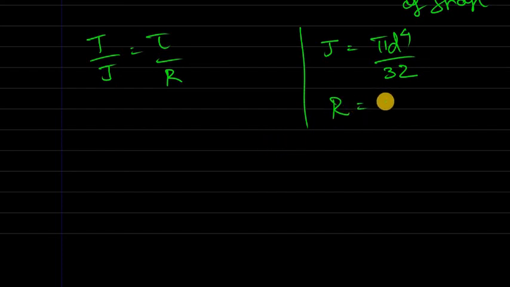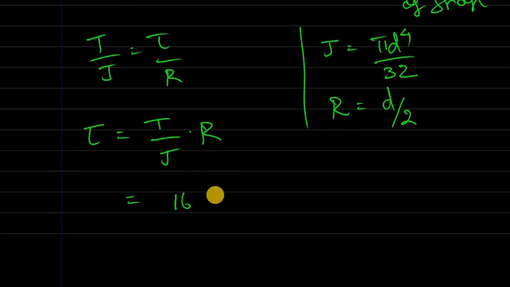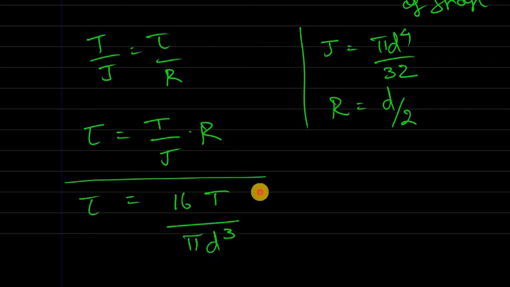Then R is the radius, that is diameter by 2. By substituting these equations, we will derive an equation for shear stress like 16T divided by pi d cube. This is the basic equation you are supposed to know. By using this equation, we will calculate the torsional shear stress.